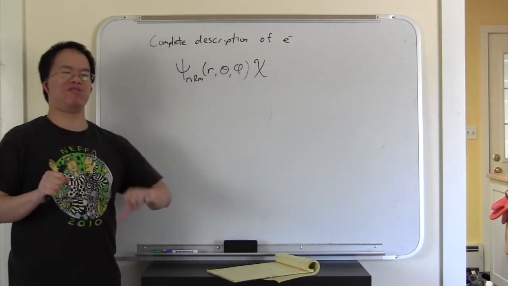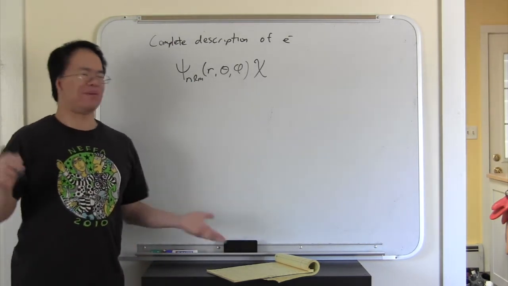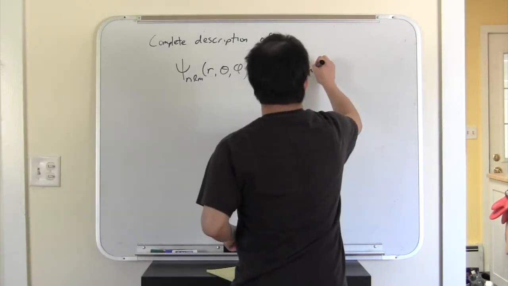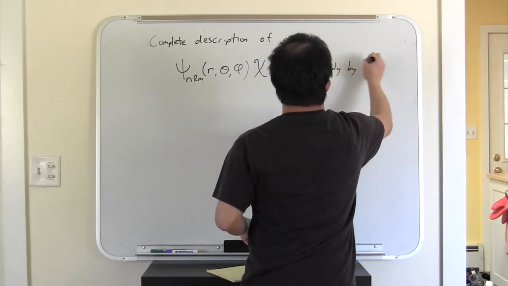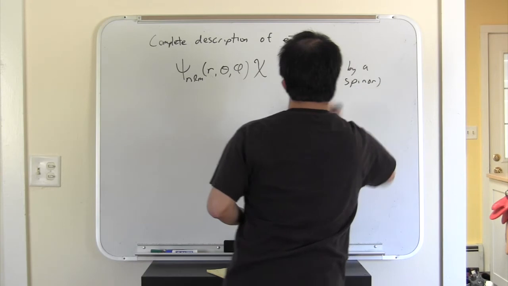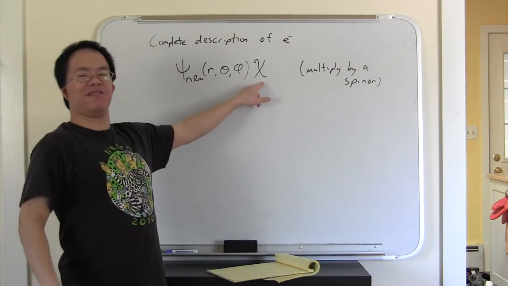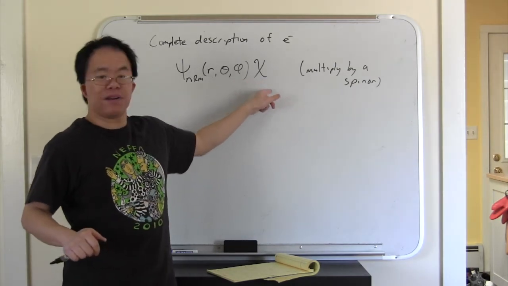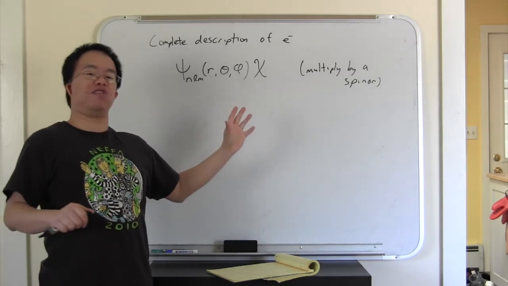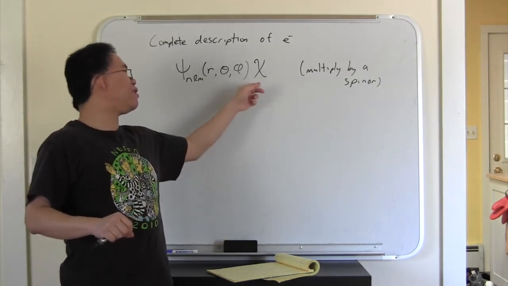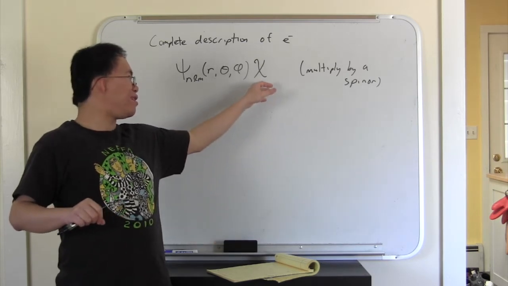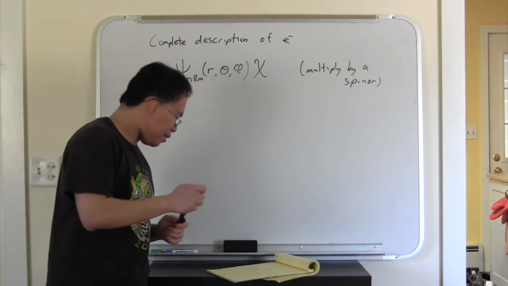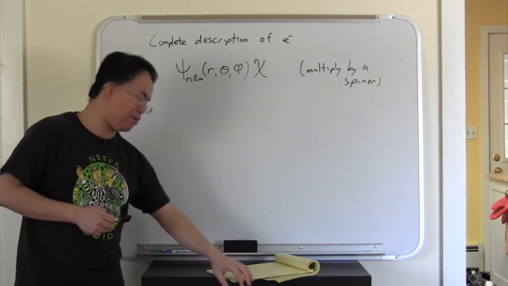It could be a spin up or a spin down eigenstate, or a superposition. There's no spatial dependence whatsoever in the spinor, so we can get away with ignoring it when thinking about the spatial part of the wave function. Likewise, if we are only interested in spin, we can think about only that piece and ignore all the spatial dependence.